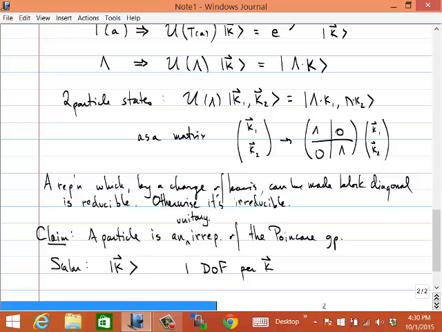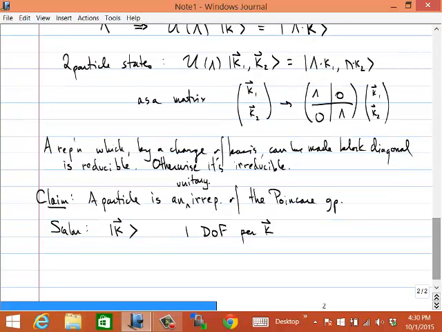But in this course, we will encounter other particles which will be described by more complicated actions of the Poincare group. So just to anticipate, when we describe a photon, the Hilbert space will have a basis that is labeled not just by a momentum mode, but also by a polarization. And the Lorentz group and the translation generators will act on this basis in some way.